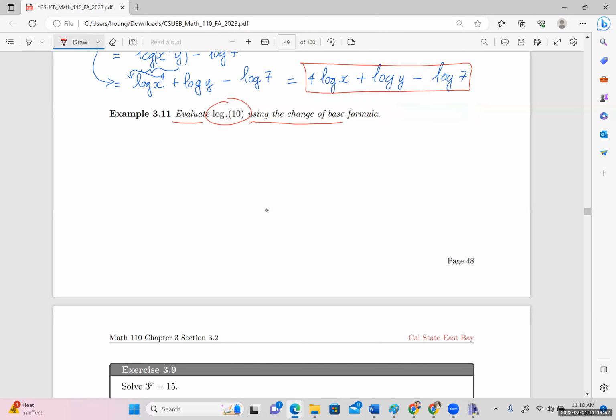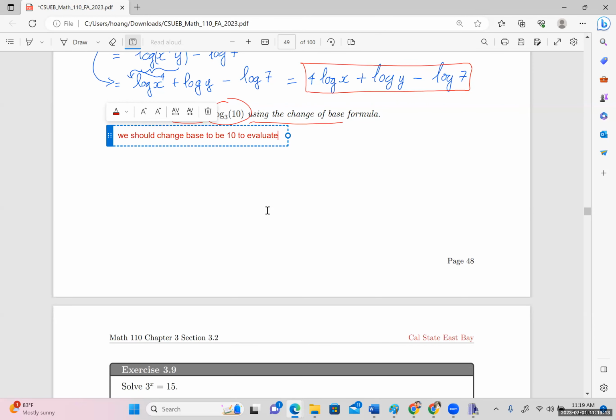maybe you're going to say we should change the base to be 10 to evaluate it by calculator.